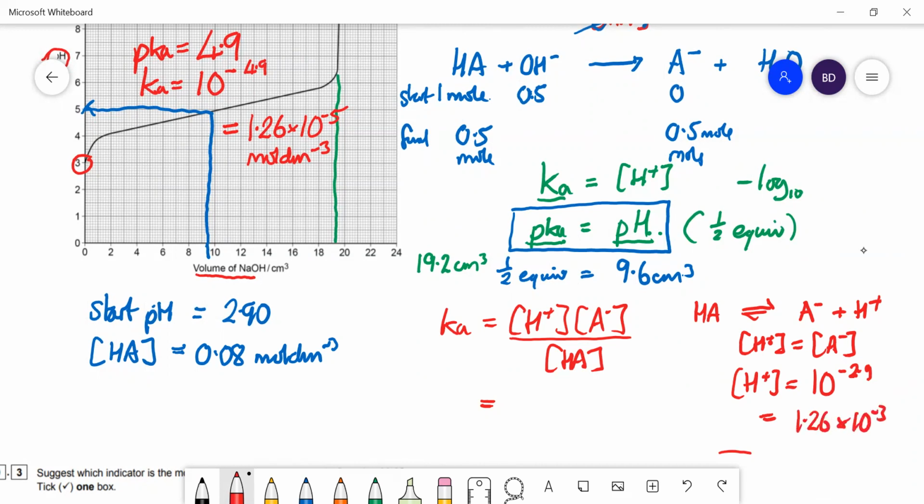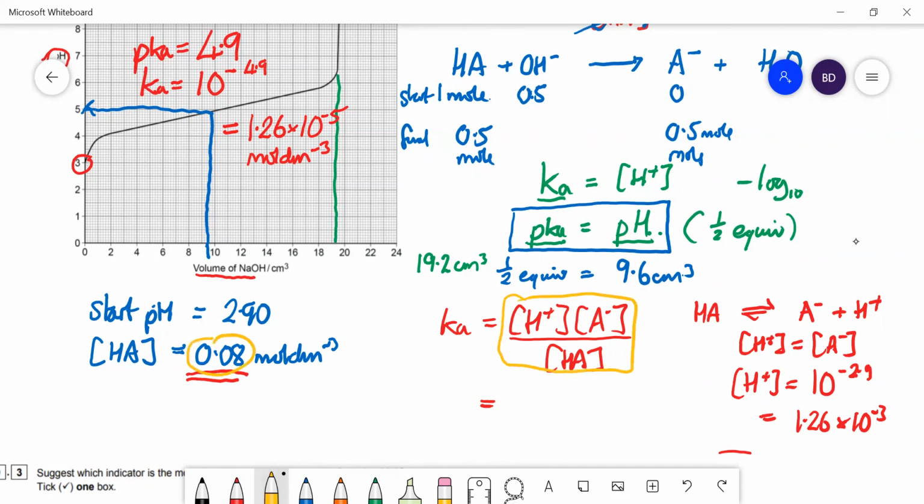Okay, now what else do we also know? We know that HA is equal to 0.08. Now it won't quite be that, it'll be a tiny bit less because some of it is dissociated, but it's going to be approximately equal to that, so we can use that value in the expression, no problem. So let's put our values into this expression.